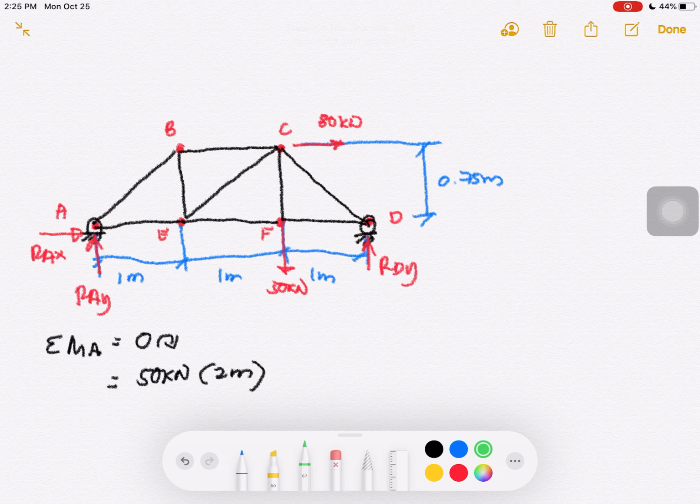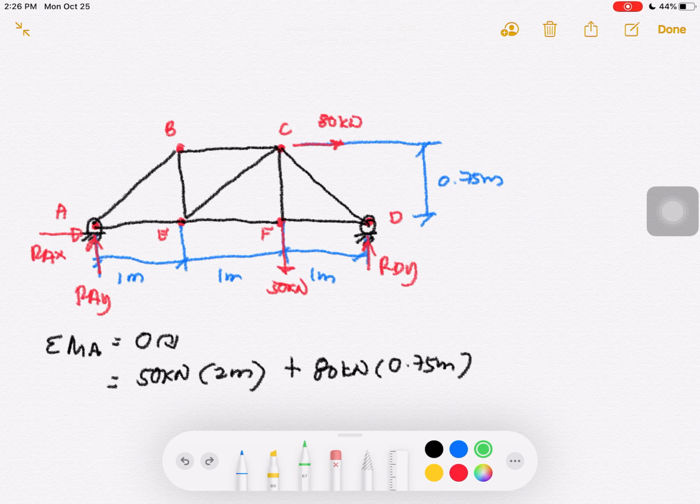The perpendicular distance is 0.75, and the motion is clockwise. So plus 80 kilonewton multiplied by 0.75 meters.